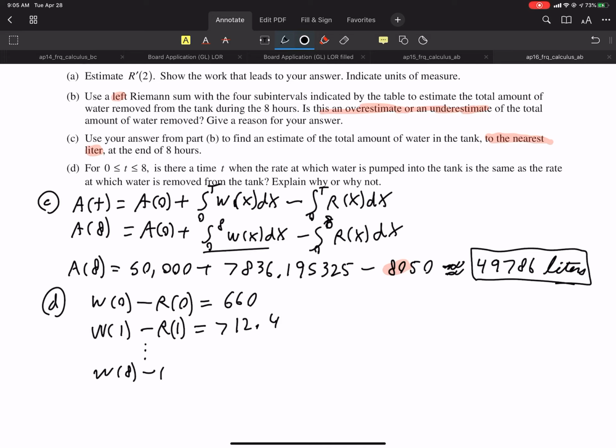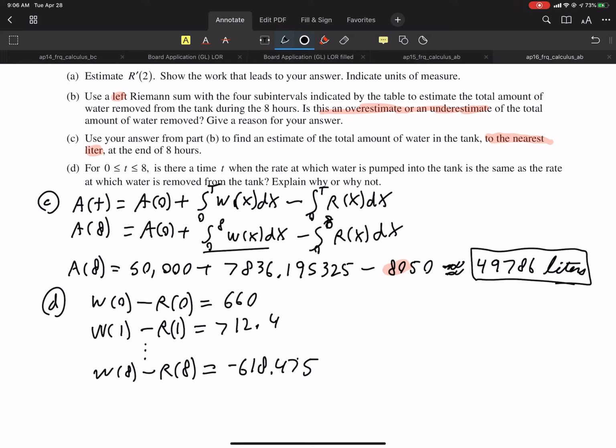What we're looking for is a point where it's negative, and I'll explain why we want to do that. So W of 8 minus R of 8, I will do that. Alpha trace Y1 at 8 minus 700, that's R of 8, negative 618.475. Now, there may be a point earlier where it became negative. I don't know, but you could test point by point.